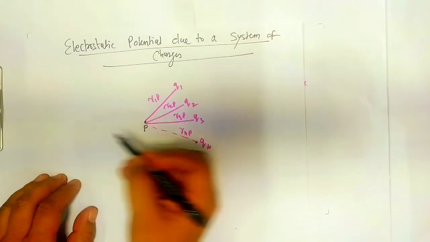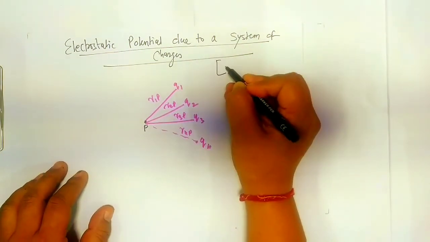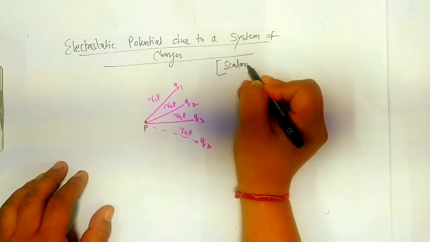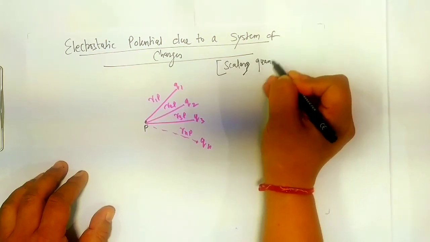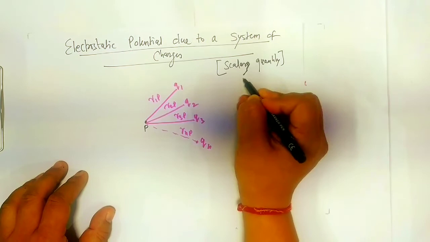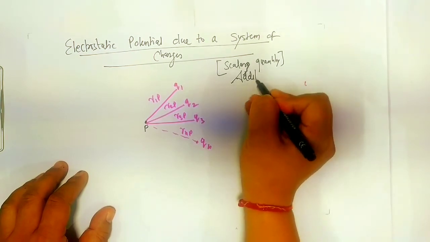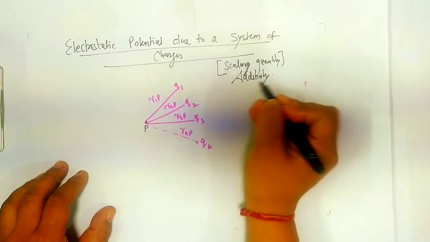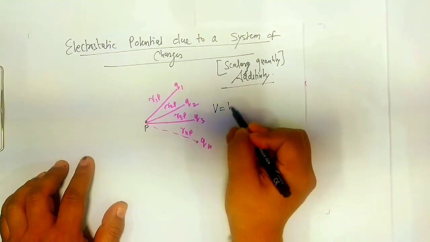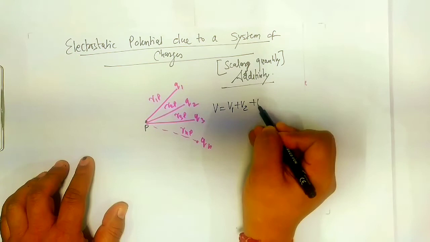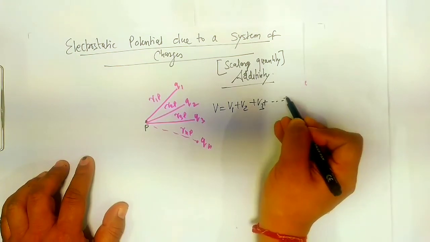You know that potential is a scalar quantity. Again, remember it's not a vector quantity, it's a scalar quantity, and it follows additivity. So simply V equals V1 plus V2 plus V3 plus up to Vn.